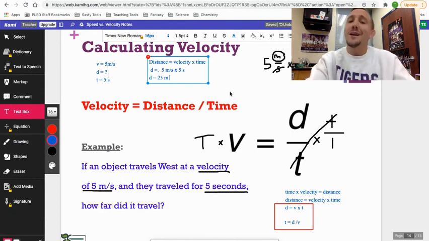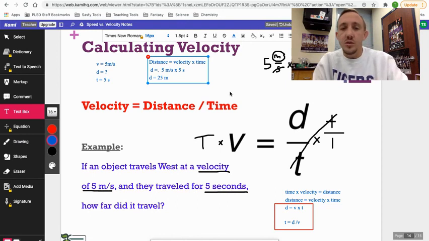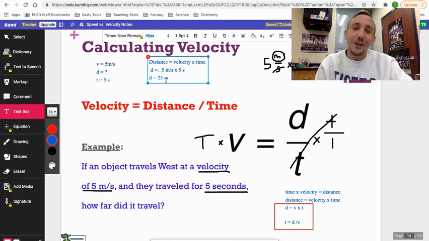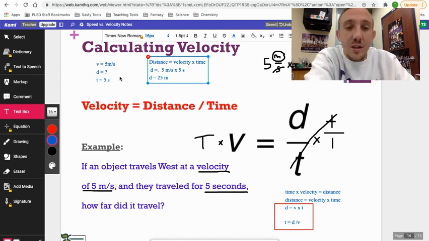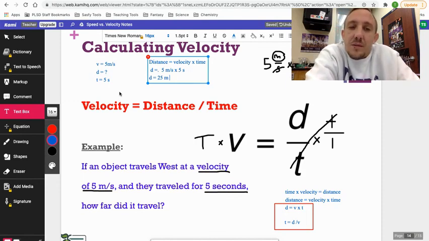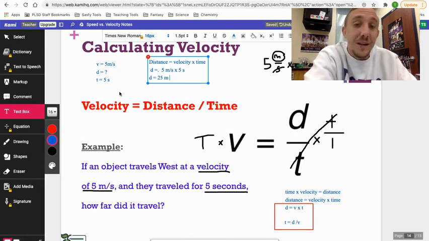If you're ever getting confused about what unit to use, just look at the equation or look at the units that you're given and think, well, what is distance measured in? It's measured in meters. It's not measured in seconds, and it's definitely not meters in seconds. It's just meters.